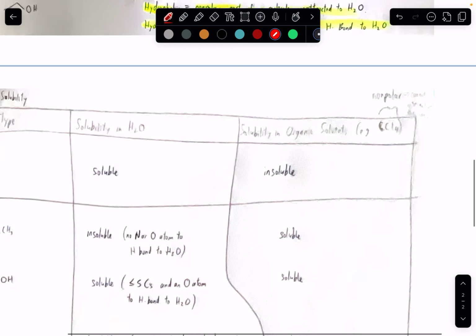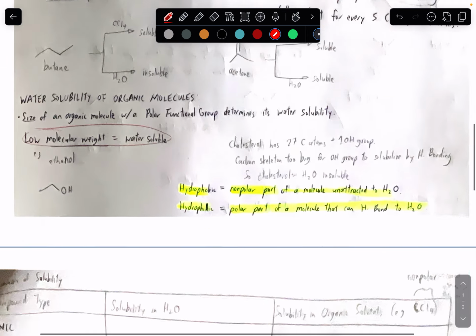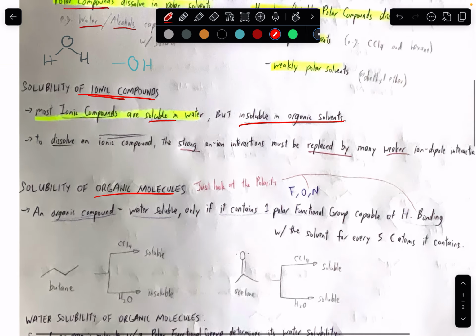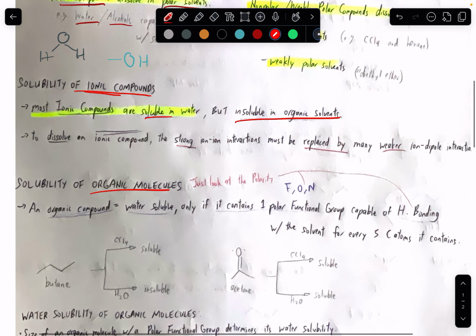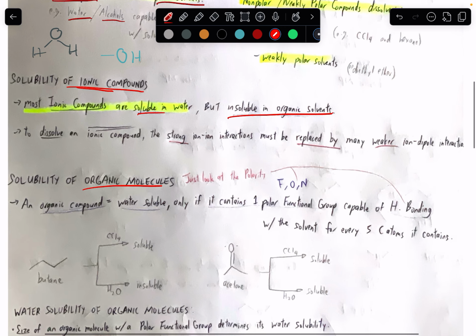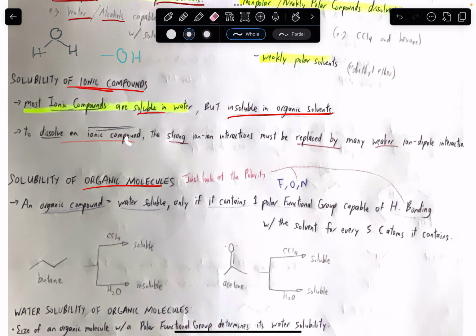Tama, no? Yeah. Solubility in organic solvents, an example is CCl4 because it's non-polar. So, if you want to dissolve an ionic compound, the strong ion-ion interactions must be replaced by many weaker ion-dipole interactions.